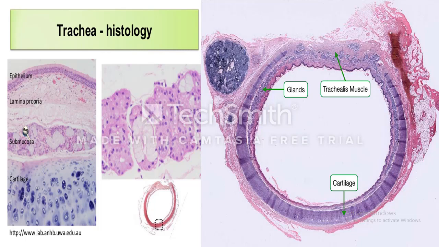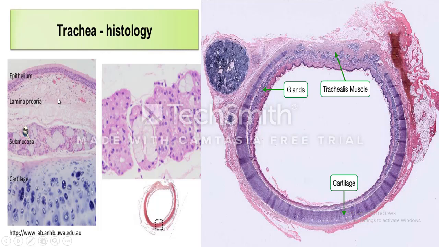This is mucosa, submucosa, adventitia. Mucosa consists of pseudo-stratified ciliated columnar epithelium and lamina propria. In the lamina propria, you have in this part a cross section of elastic fiber.